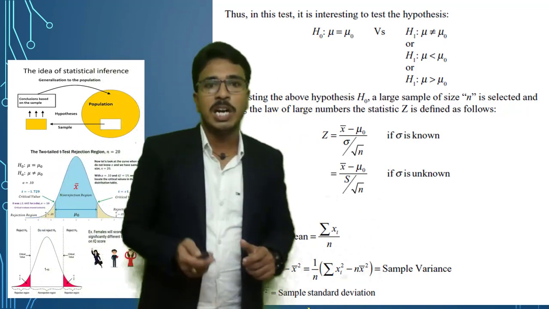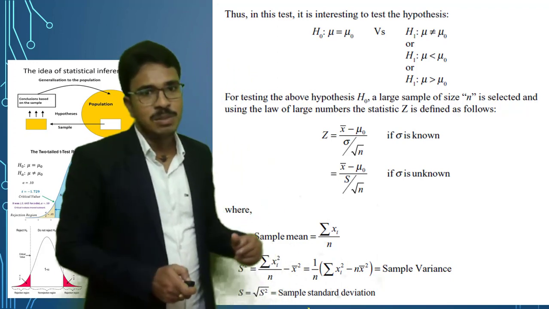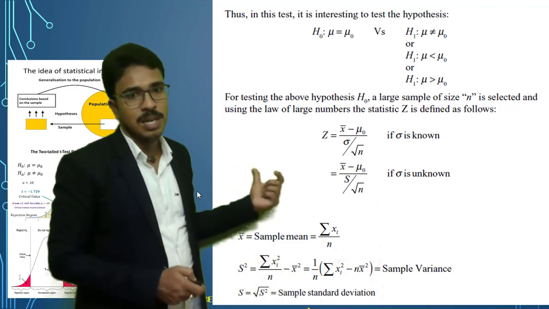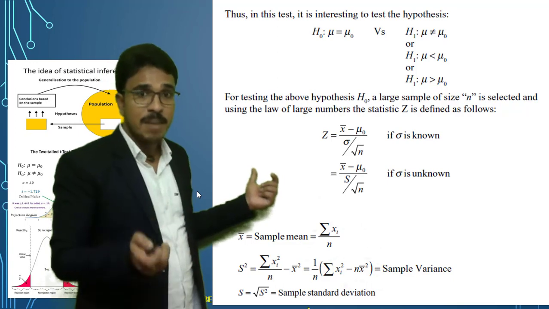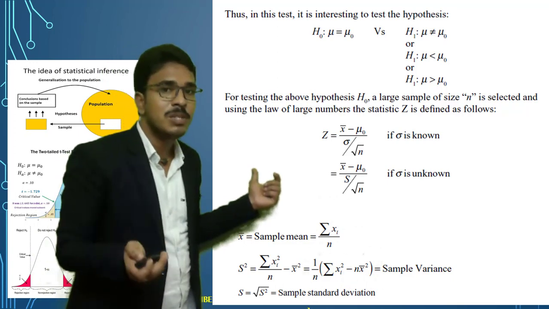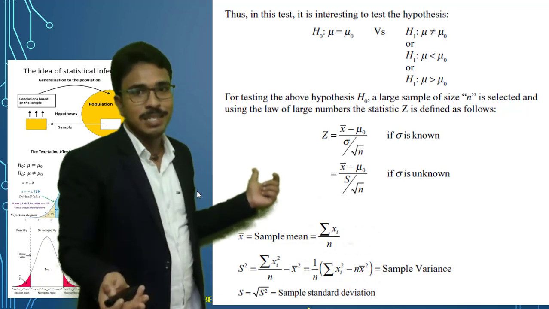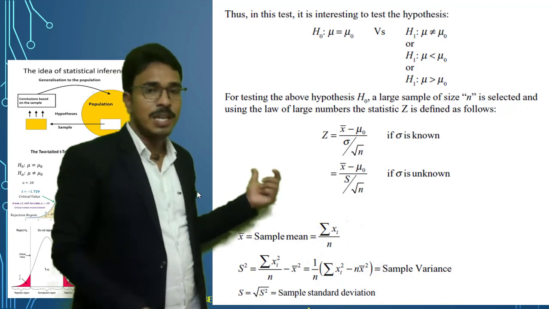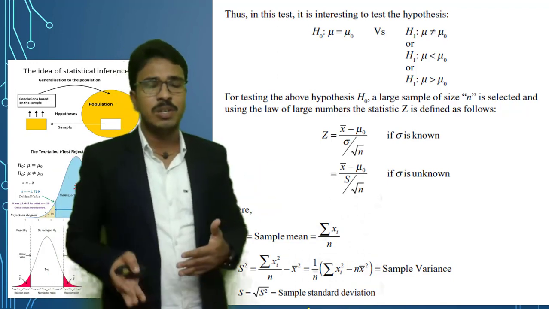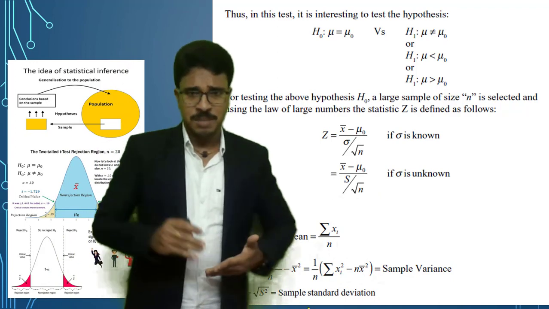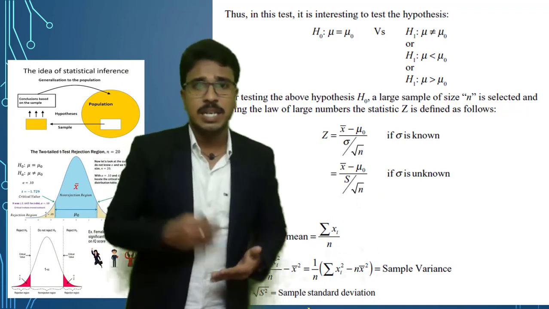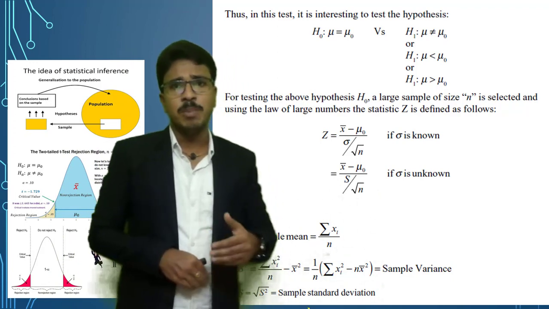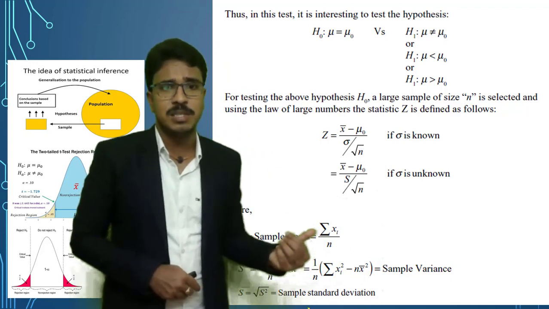Understand? In order to find this s value, you can again see the formula. S square is the sample variance. What is sigma square? It is the population variance. You have to familiarize yourself with these terms. I think you have studied this subject, the t-test, in probability and statistics in the previous semester.